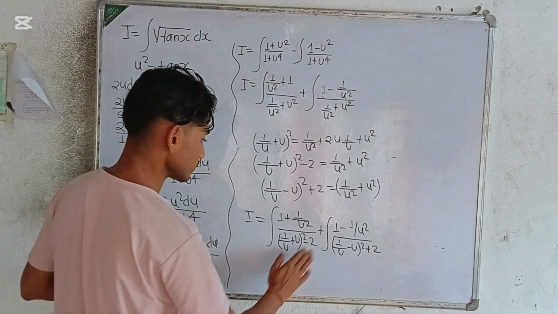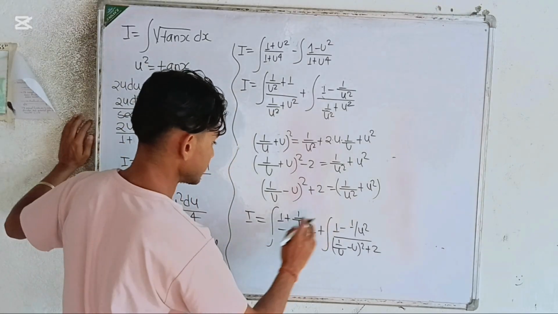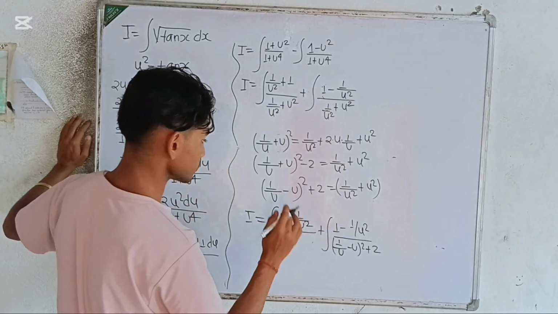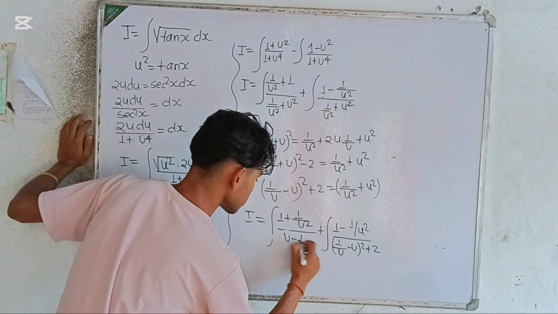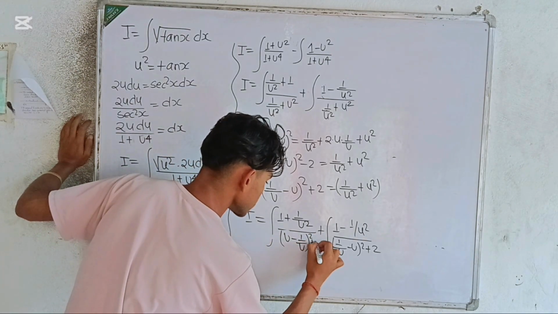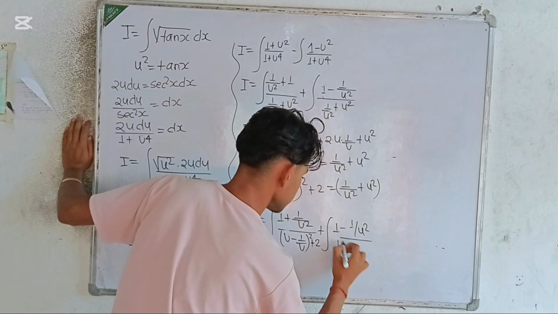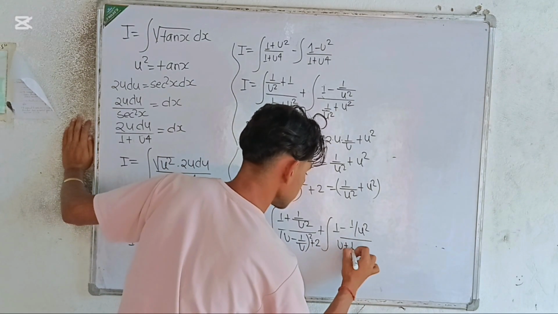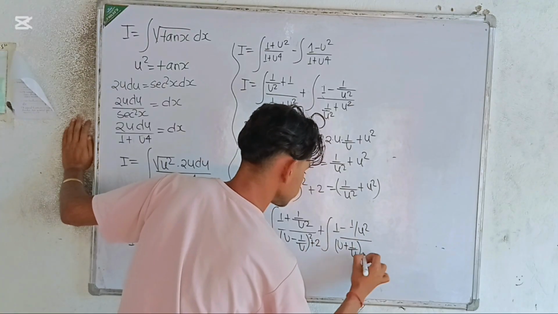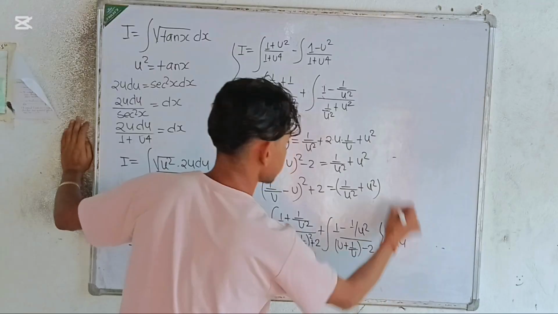So here, in terms of plus we substitute minus, and that is u minus 1 over u squared plus 2, and here I write u plus 1 over u squared minus 2, and every time here we have du.